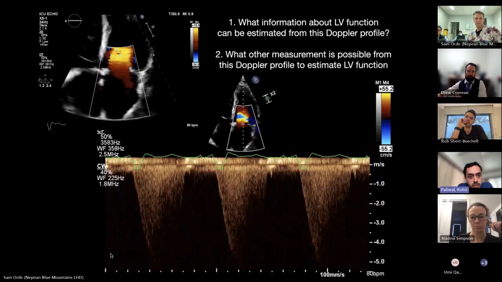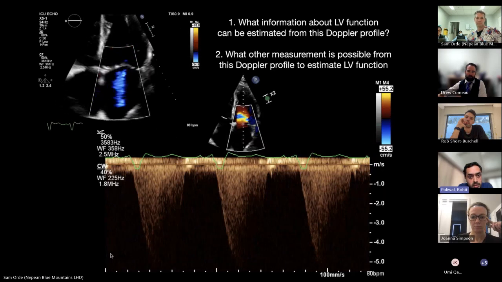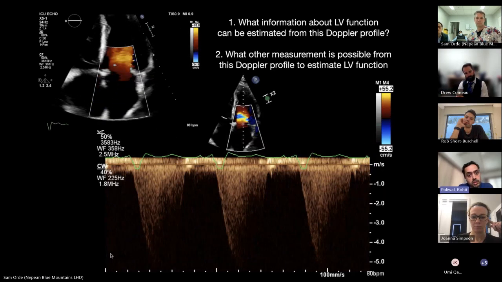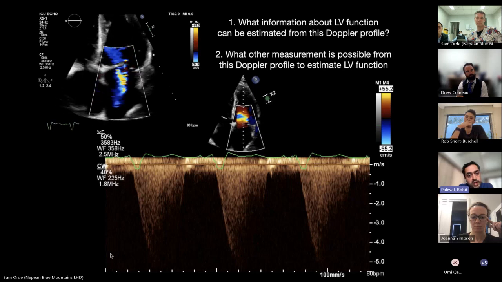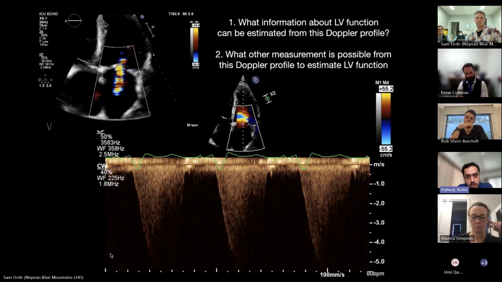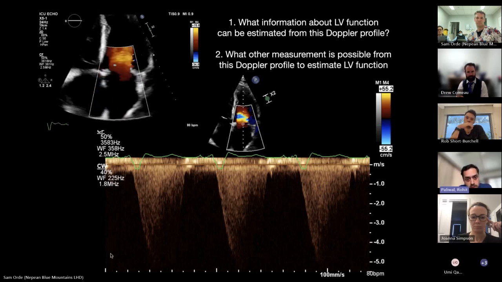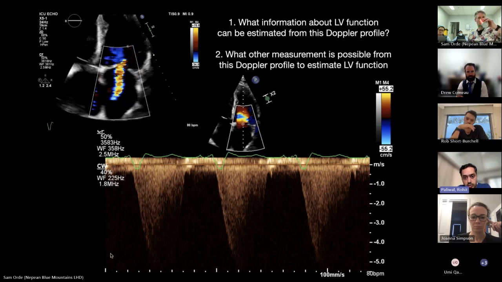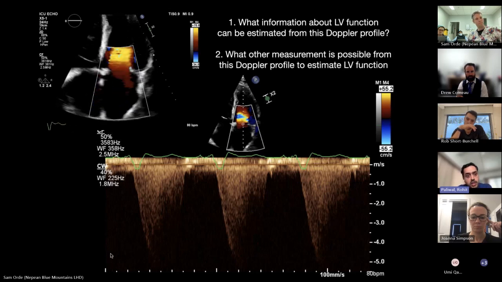All right, so it's a transthoracic echo, apical 4-chamber view, focusing on the mitral valve. What we are seeing is a continuous wave Doppler profile through the mitral valve.